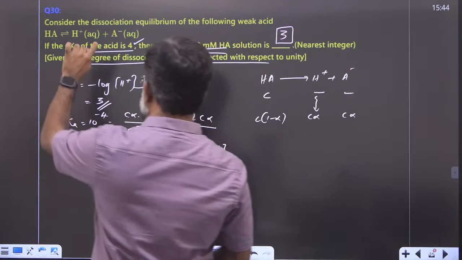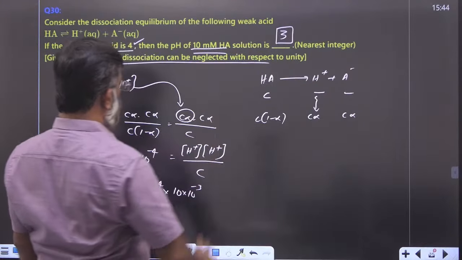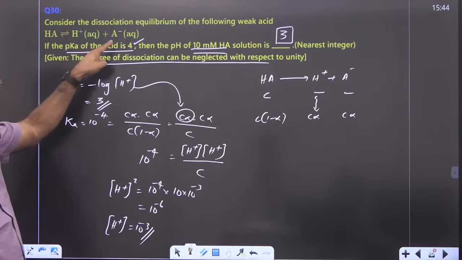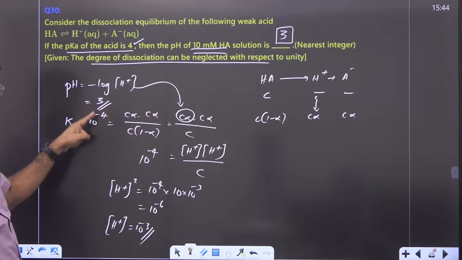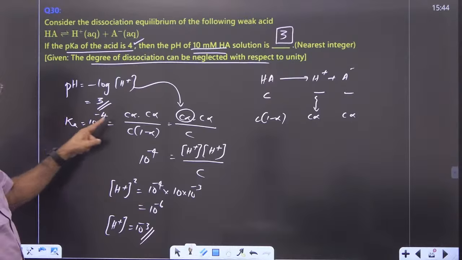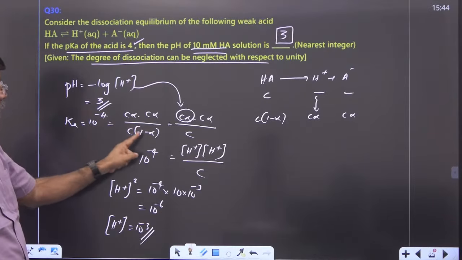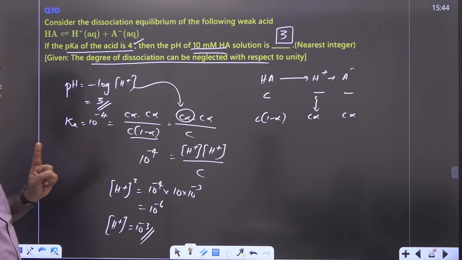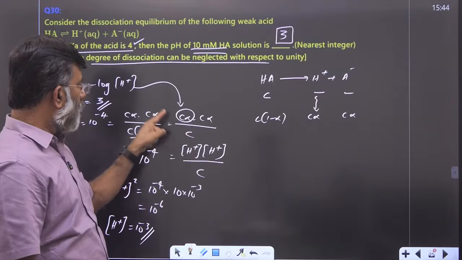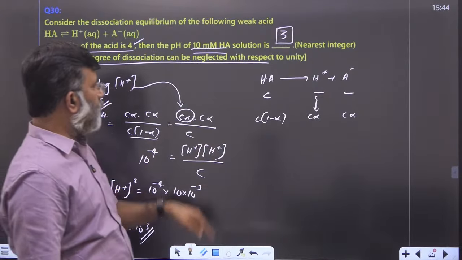I repeat, pKa is given, so Ka equals 10 power minus 4, equal to C alpha into C into 1 minus alpha. Neglect alpha in the denominator, you get C. So C alpha is the H plus concentration.